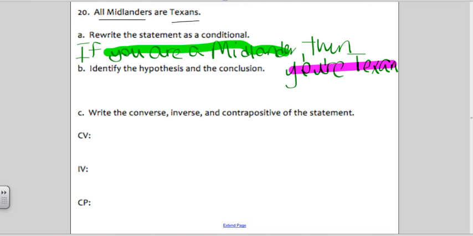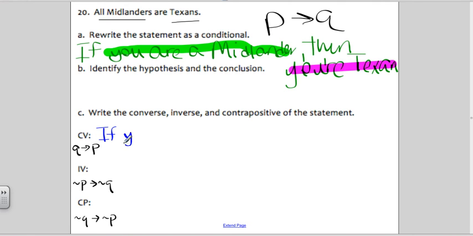So instead of P implies Q, we would have Q implies P. My inverse is the negation of the original, so that's not P implies not Q. And my contrapositive is switching and negating, so that is not Q implies not P. Now, my converse is the switch of the original, so let me put a different color here.